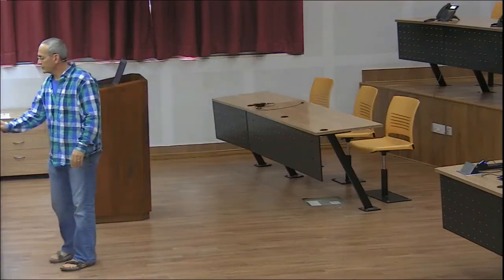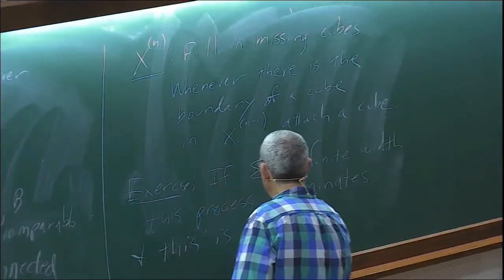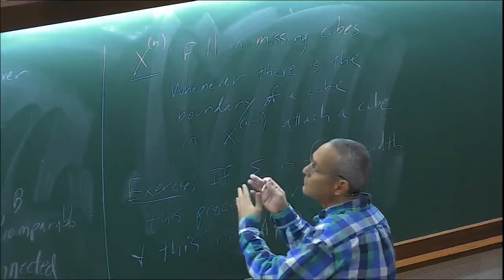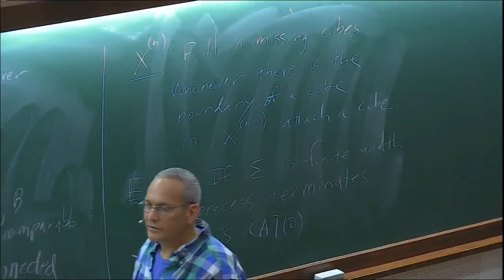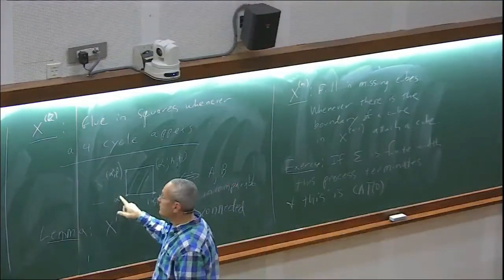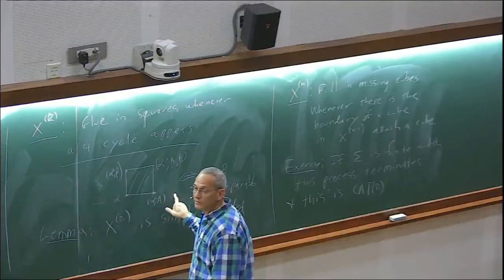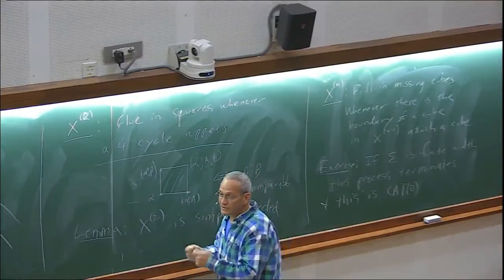Okay, yeah, that's the next thing. And this is CAT(0). The fact that there are no more missing cubes tells you that the link of the vertex doesn't have any missing. So whenever you have, I don't want to go into too much. The only way you can get the boundary of an n cube, just like here, is to have a situation where you had a vertex and a bunch of incomparable guys. And when you have that, you actually have possible ways of flipping them.